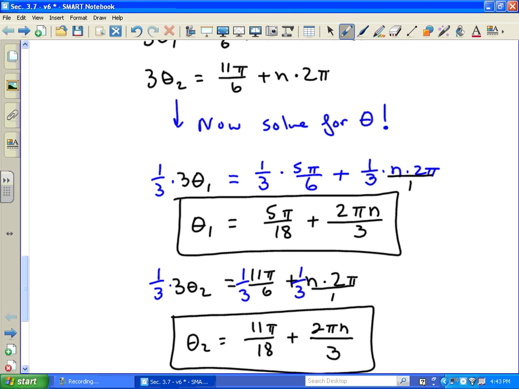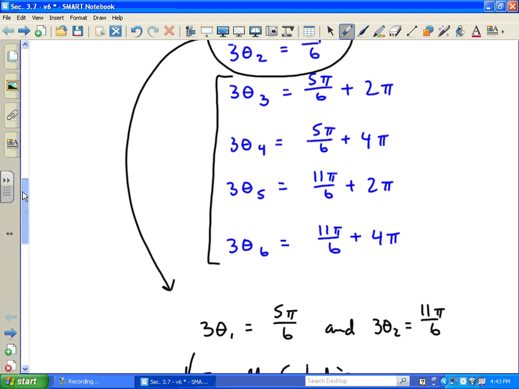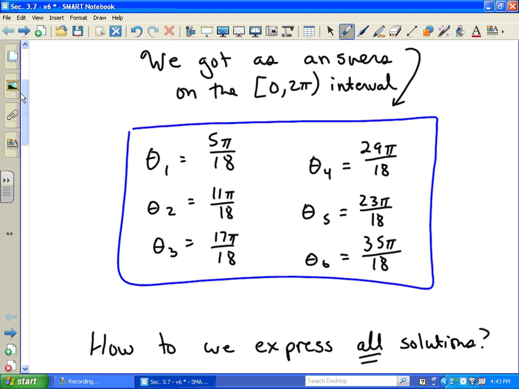Okay, notice, first of all, that theta sub 1 and theta sub 2 equal to 5 pi over 18 and 11 pi over 18 were two of the answers that we originally got here and here. But also notice that you absolutely can't just add n times 2 pi to those for all solutions.